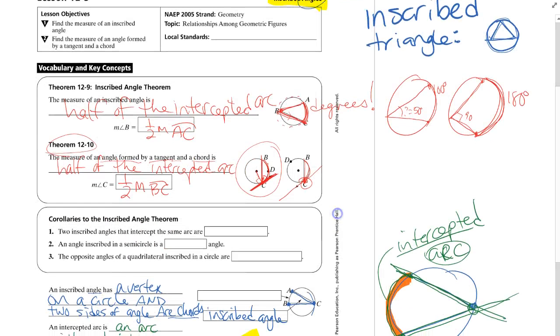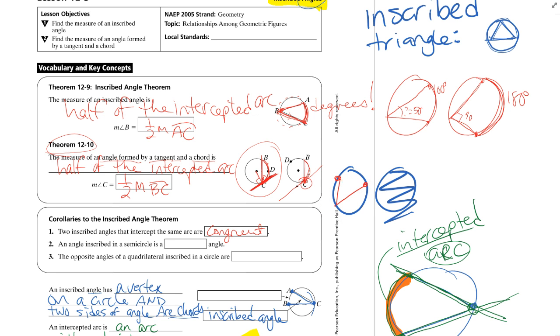So here's some corollaries, some other things that we can know about. Two inscribed angles that intercept the same arc are congruent. What does that look like? We only need one circle for this. So I'm going to pick these two points and make an inscribed angle.